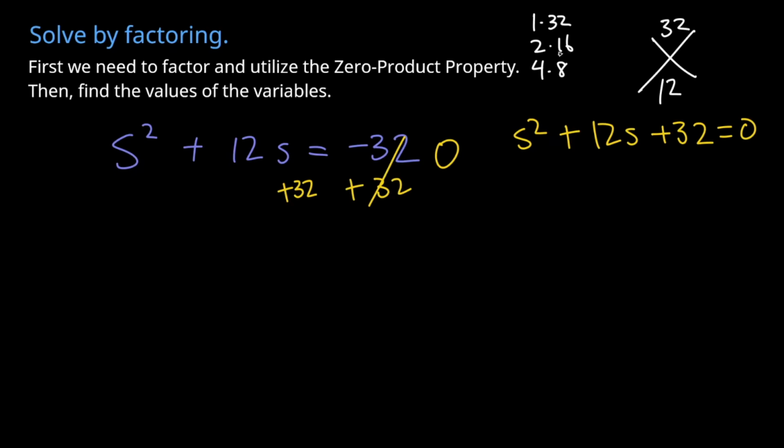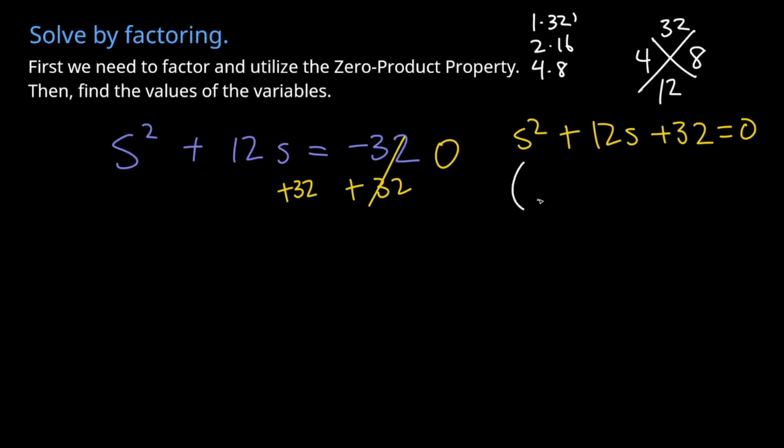So that's it. We have 1 and 32, 2 and 16, 4 and 8. So we're looking for two factors that add up to 12. So that's 33, 18, 12. We found them. We have 4 and 8.